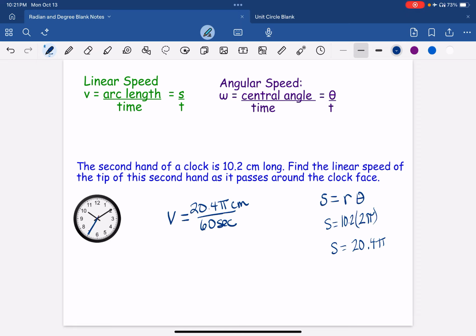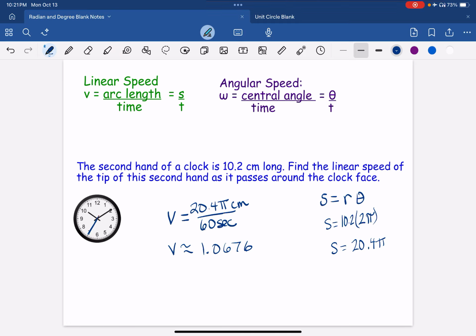Now for this case, I would say put this in the calculator. So 20.4 pi divided by 60, which gives you roughly 1.0676.